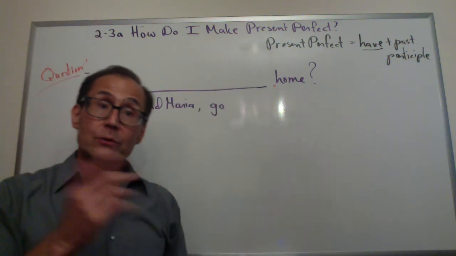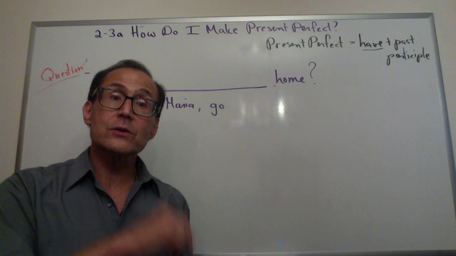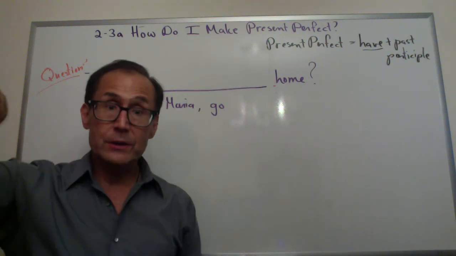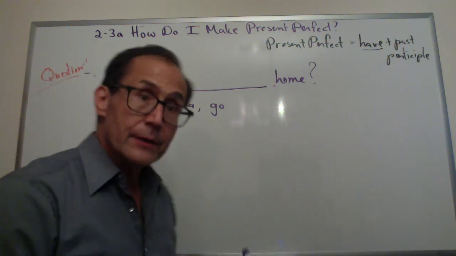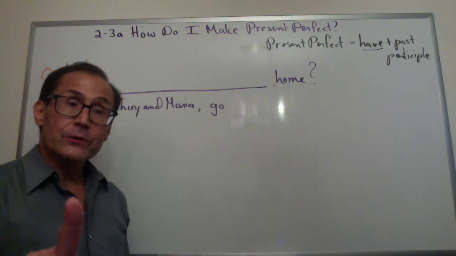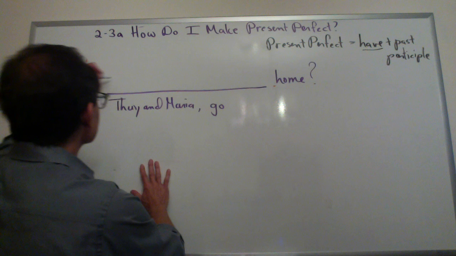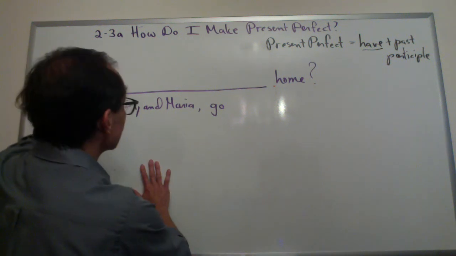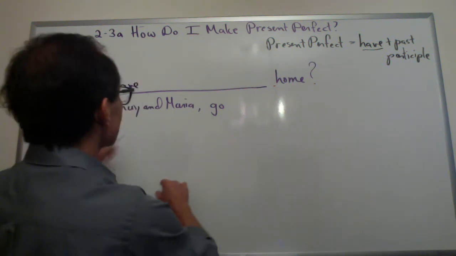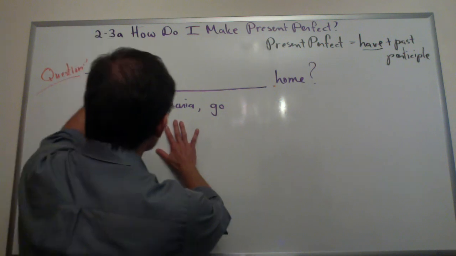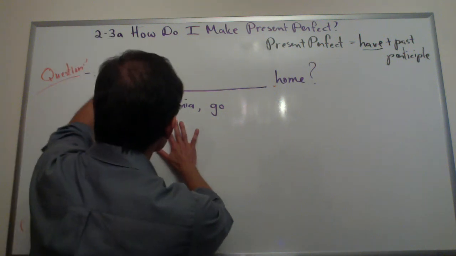So the way I make a question is I move has or have to the front. So here, what's the first word I'm going to write? The first word I'm going to write is have, because I take have and I move it to the front. Then I say, Twee and Maria, I add the subject.